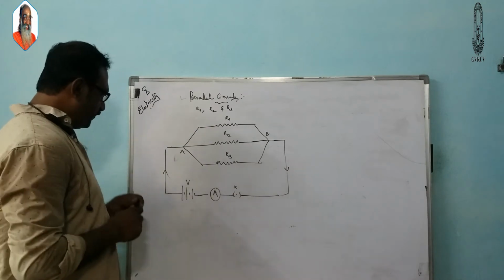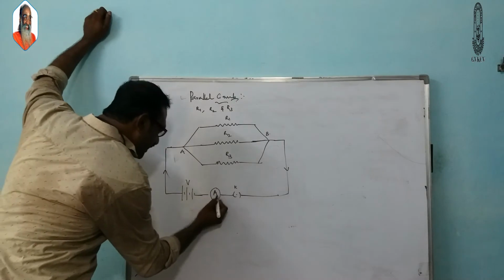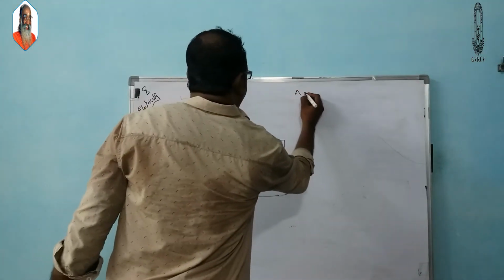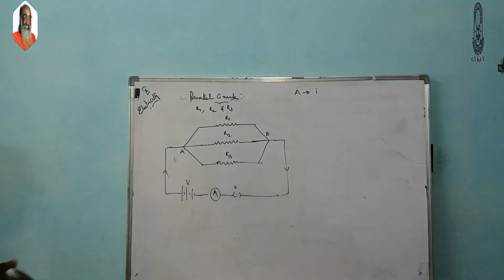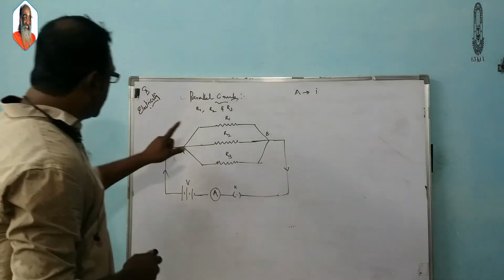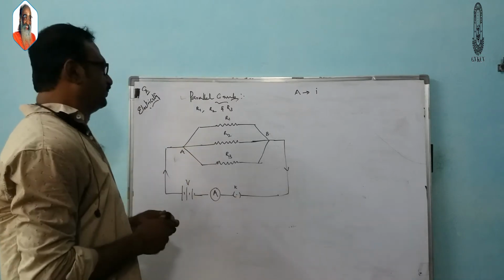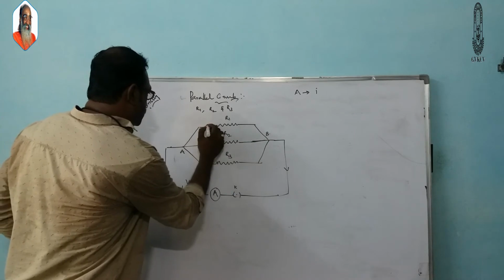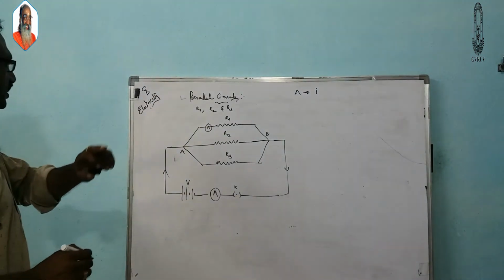Now just plug in the key and see what is the reading in the ammeter. Let the reading in the ammeter be I. Now I want to find the current at R1, the current at R2, and the current at R3. So take the ammeter and just add the ammeter here and find the current.